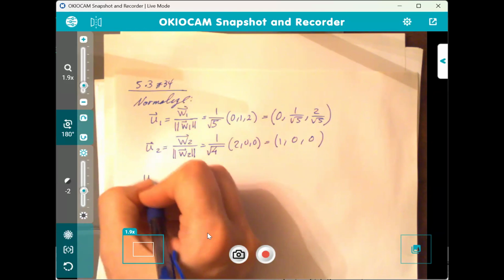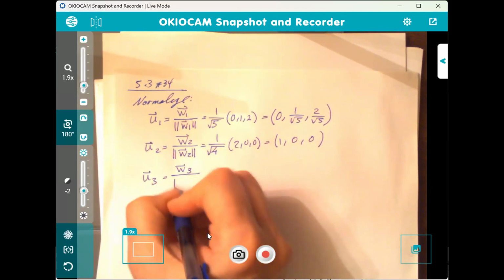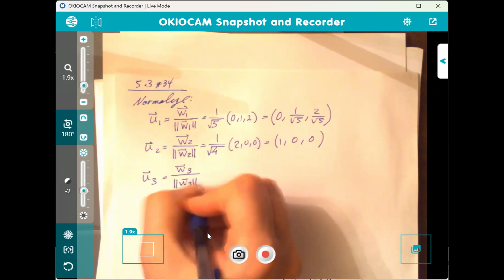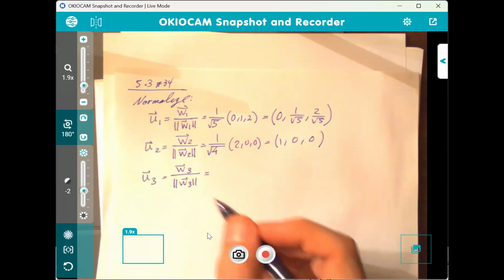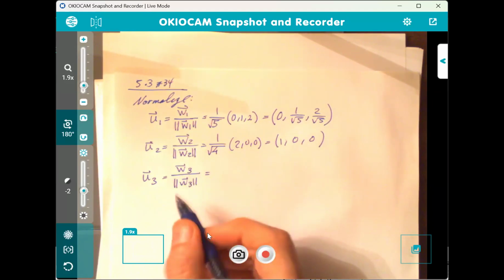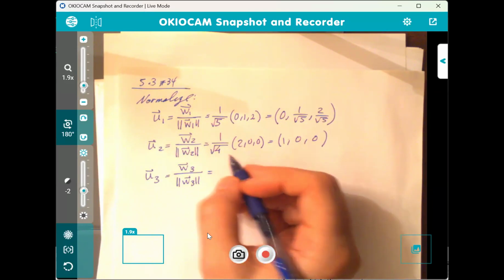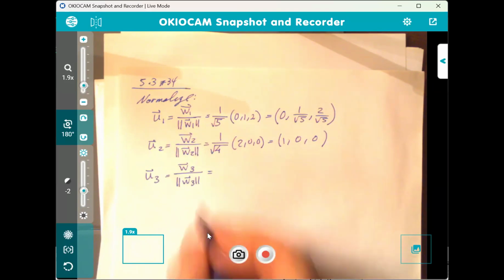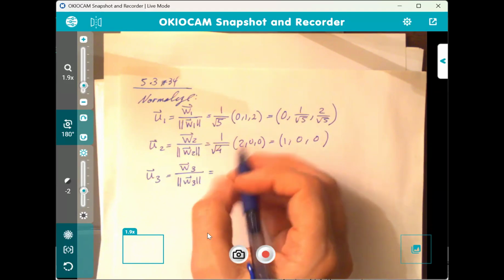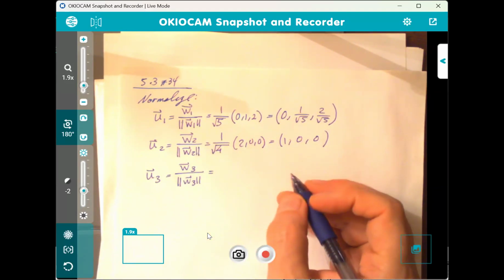And finally, U3 is W3 over the magnitude of W3, right? And the magnitude of W3, again, when we dotted it with itself, we get 5. Let me write this for you.